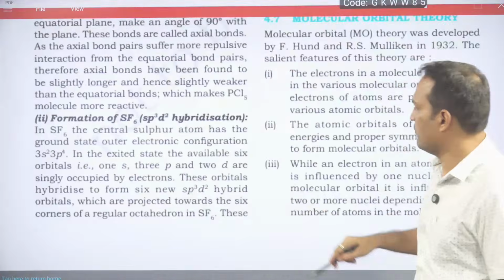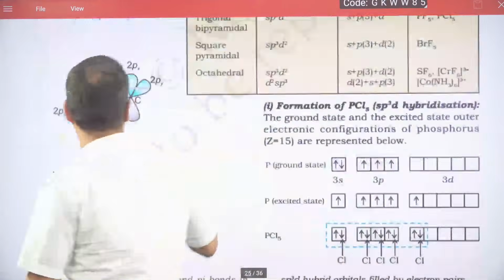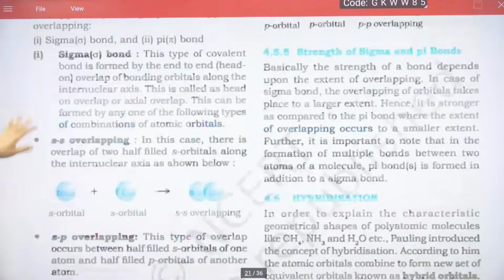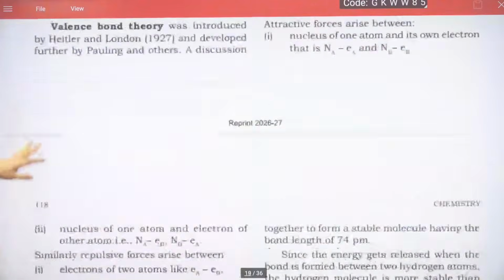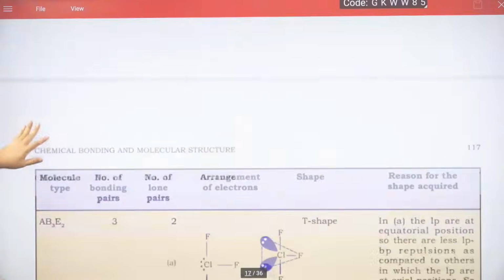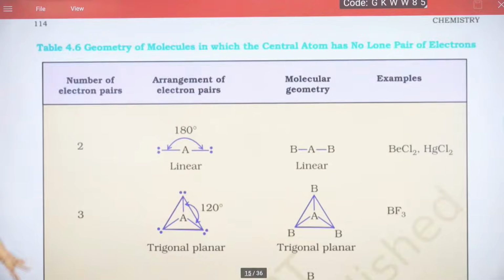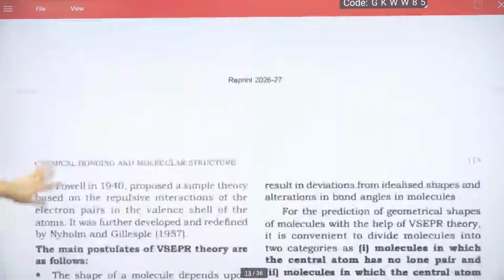NCERT we will have to see where what is written. All the hybridization points we have explained. All these things we have done. Okay? Chalo aa jao.